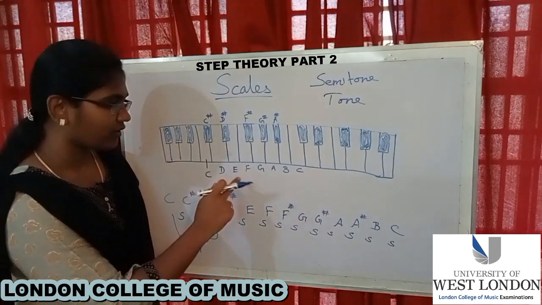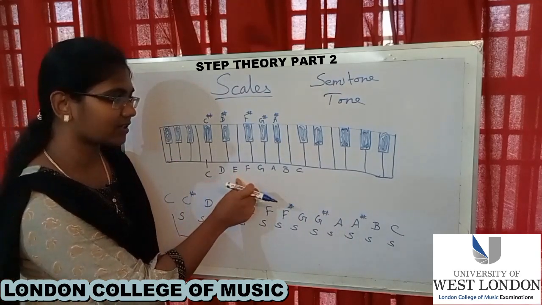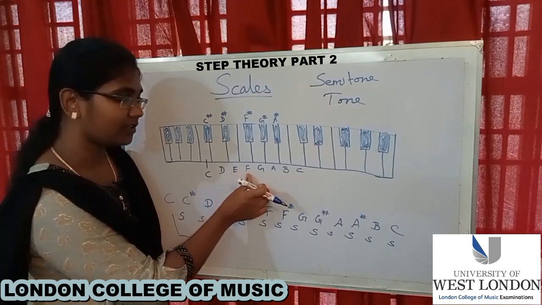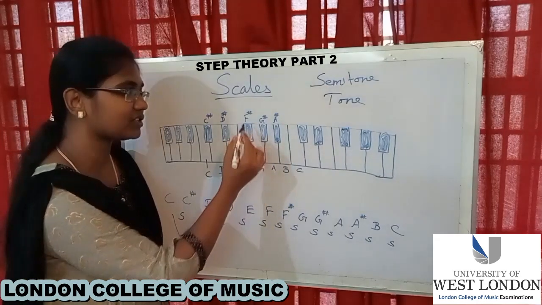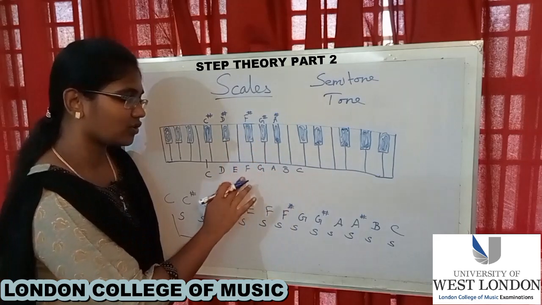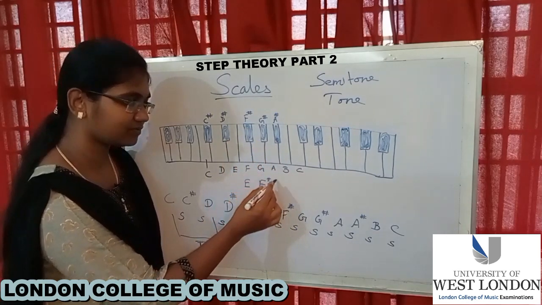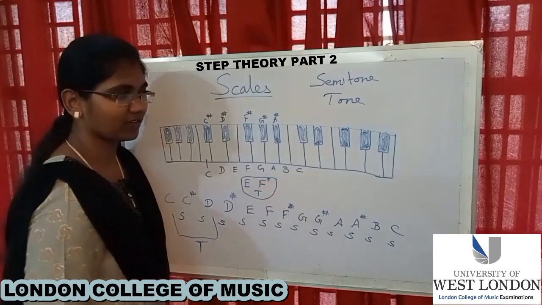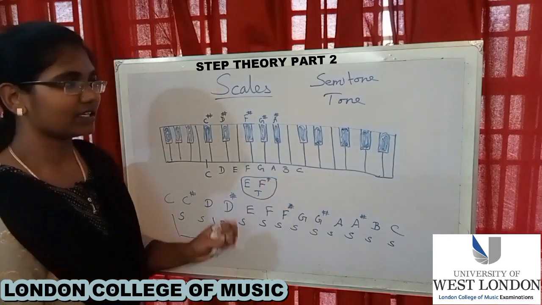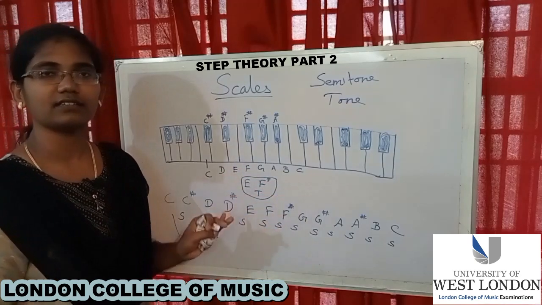So for E, what is the tone? From E to F is one semitone, and then F to F sharp is another one semitone. So from E to F sharp, there is tone. Okay? Clear. Have you all clear with this example?